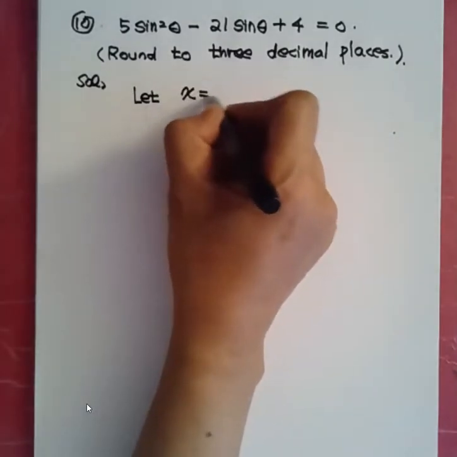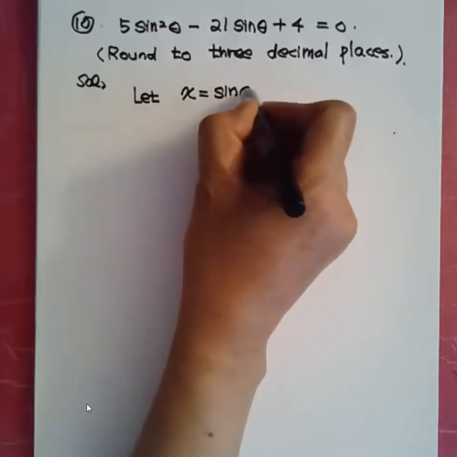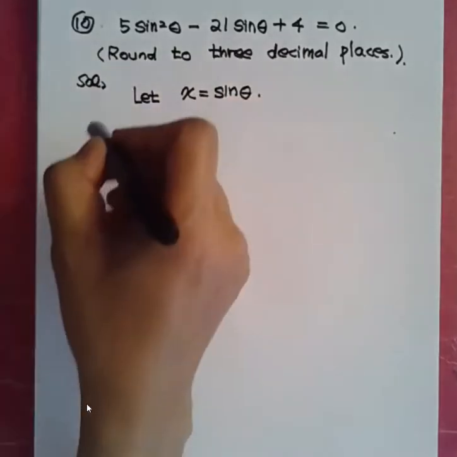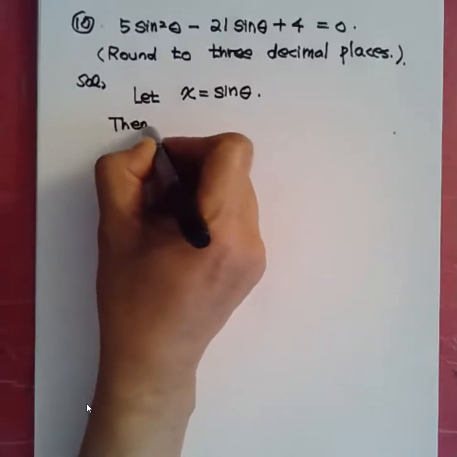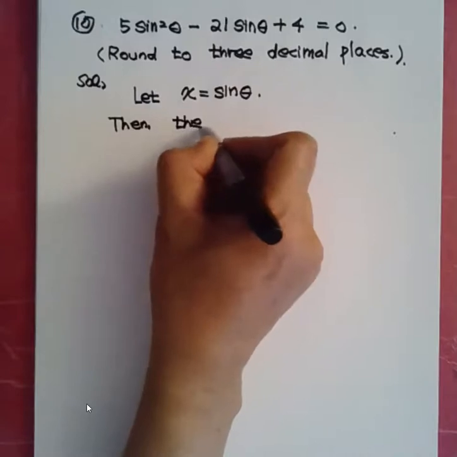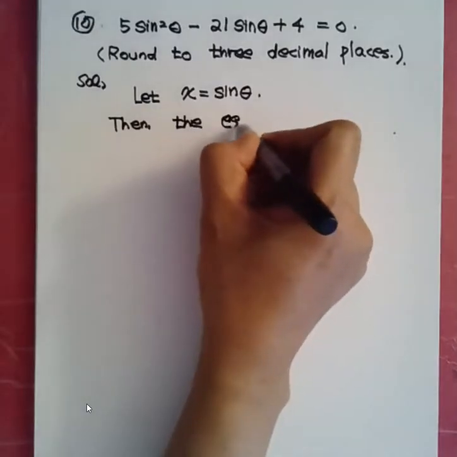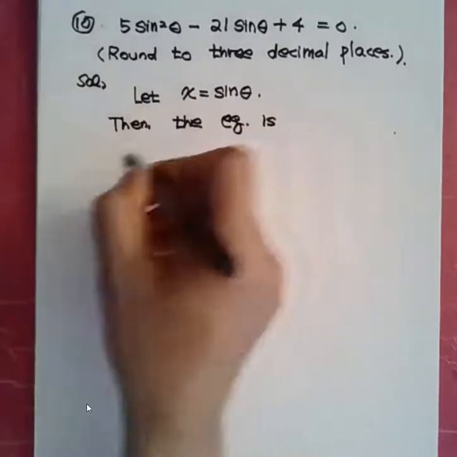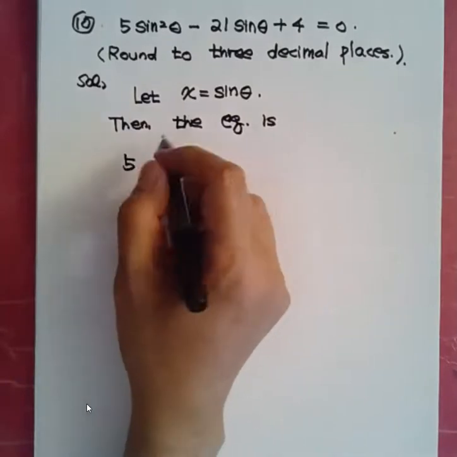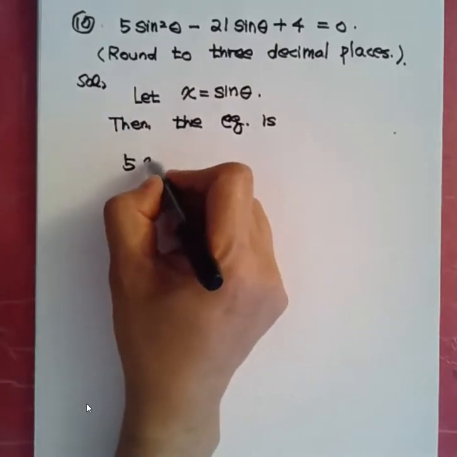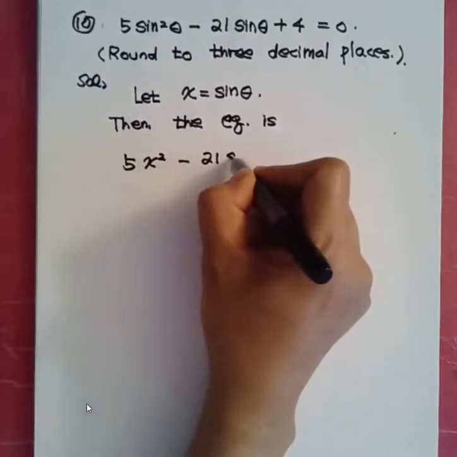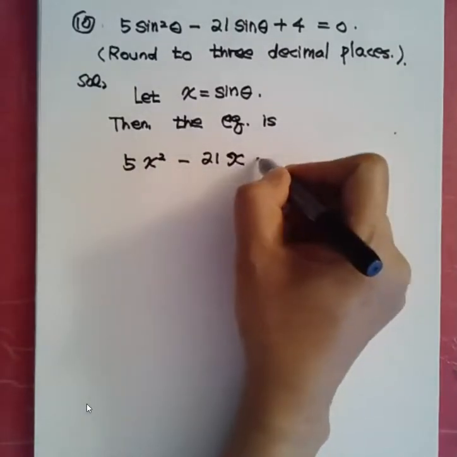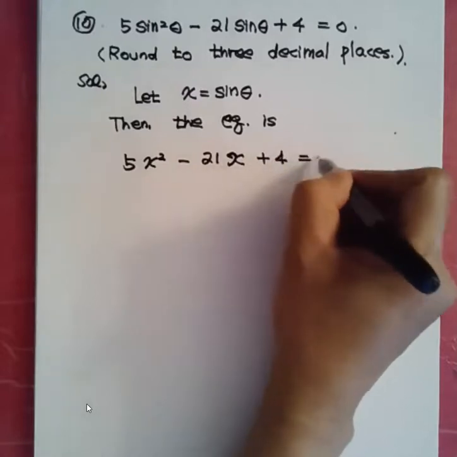Let x equals sine of theta to convert that into the more familiar form of the equation. The equation becomes 5 times x squared minus 21 x plus 4 equals 0.